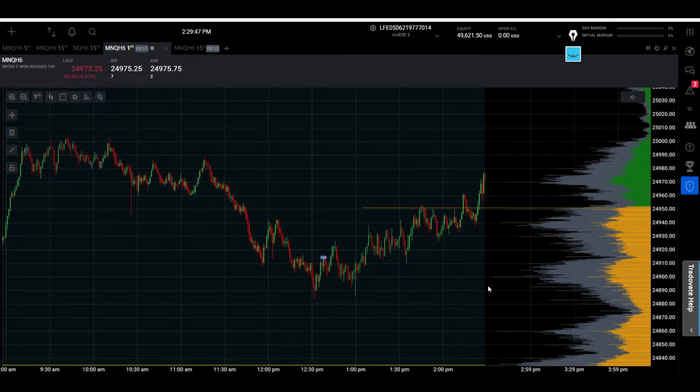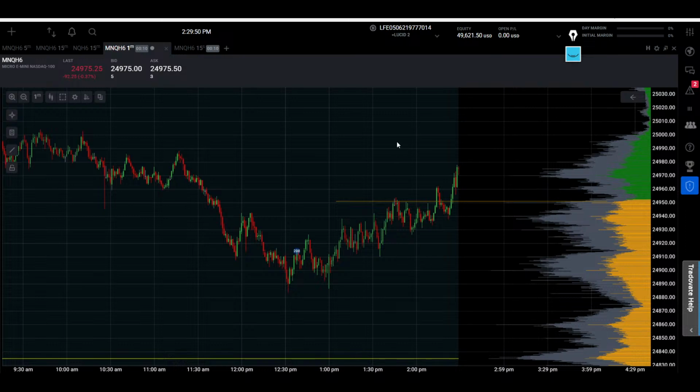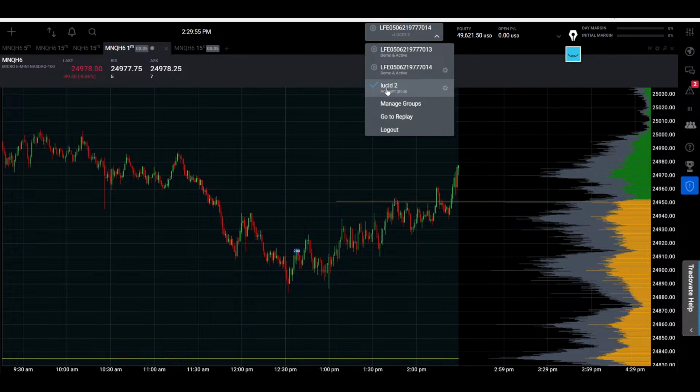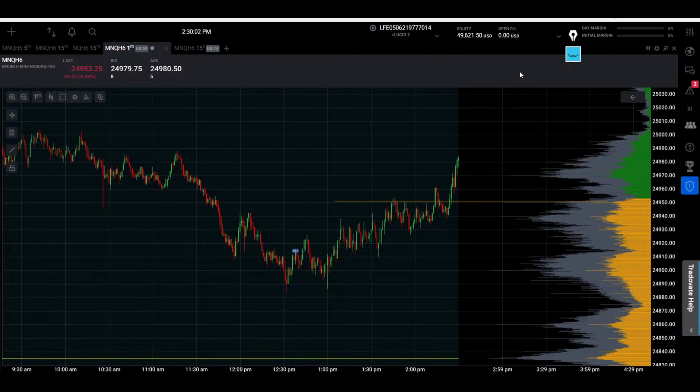Risk reward. So I got copy trading here, you see. I got 2 accounts here, and it will be copy traded. 2 Lucid accounts.